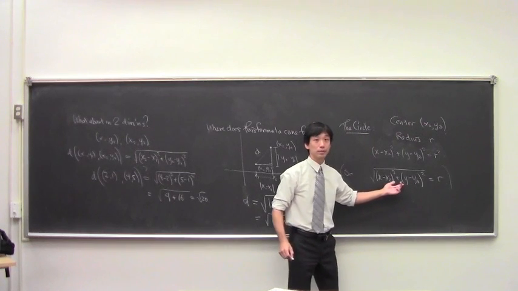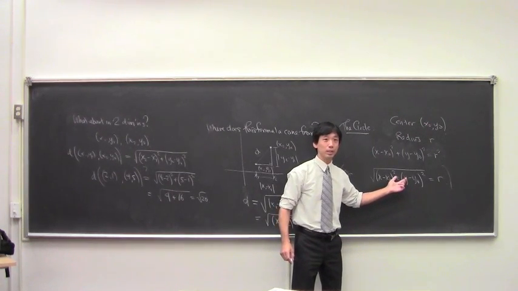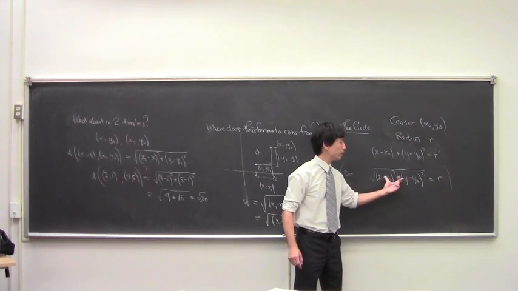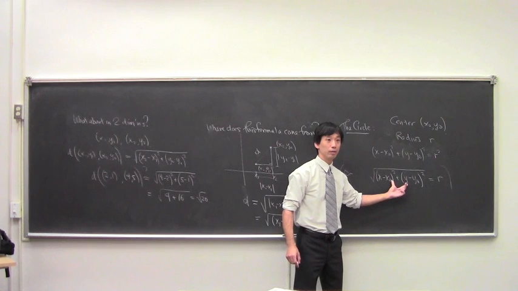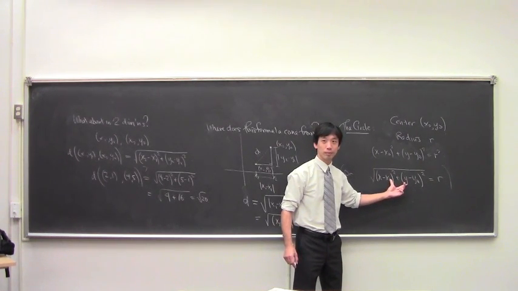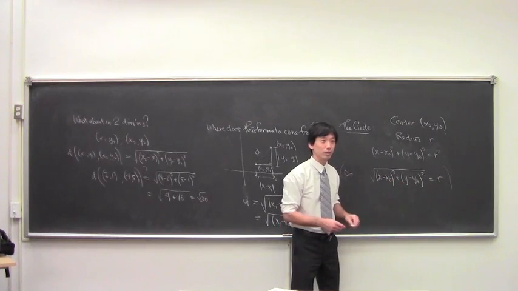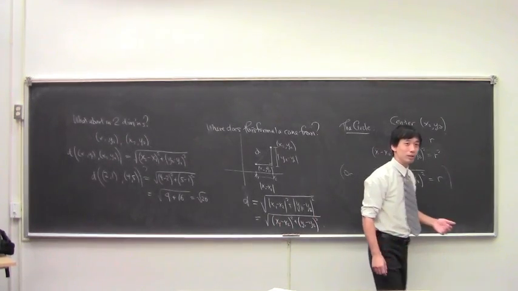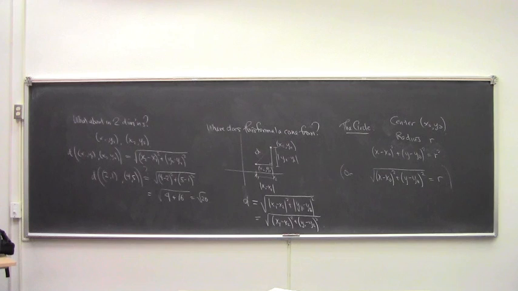And then you think, okay, what is this? I'm going to look at the points x comma y that satisfy this formula, right? And that should be a circle. Why should that be a circle? So think about it, you can talk to each other, but just think about it for like a minute or so.